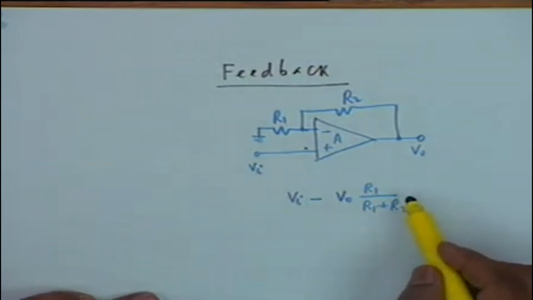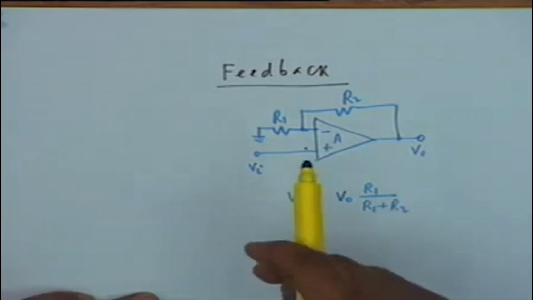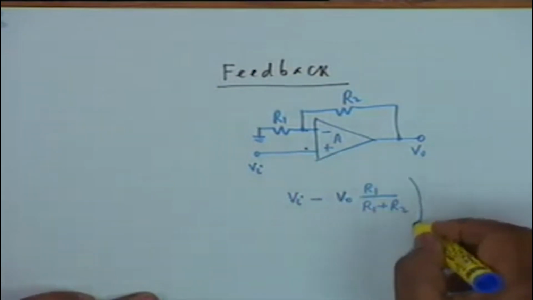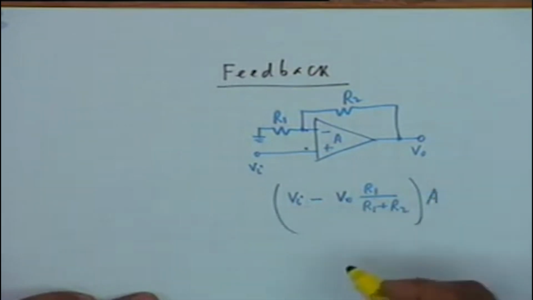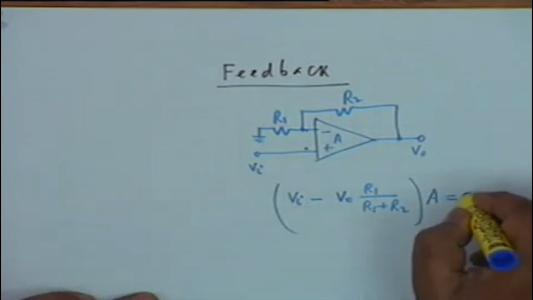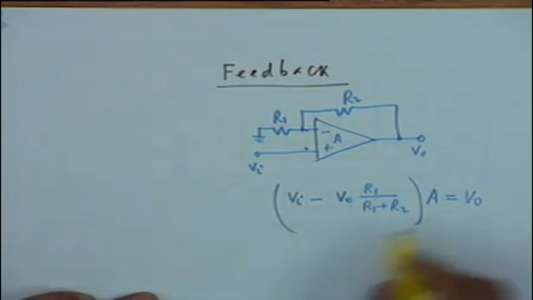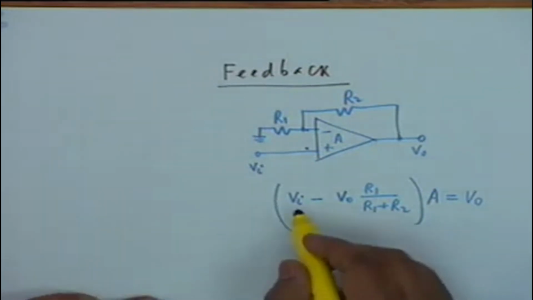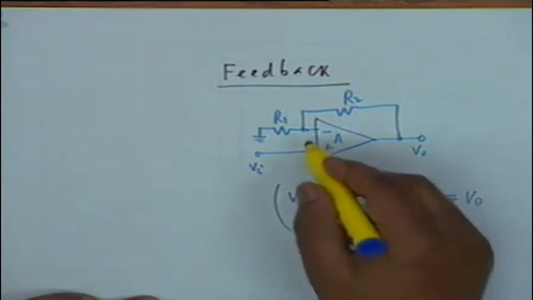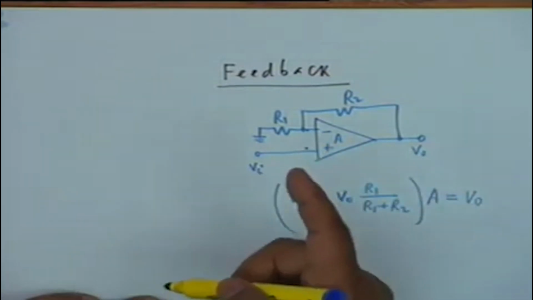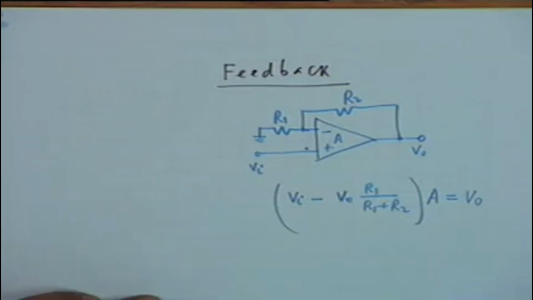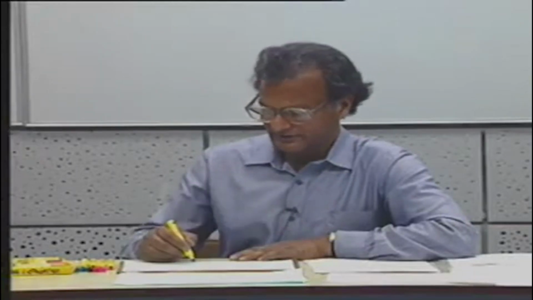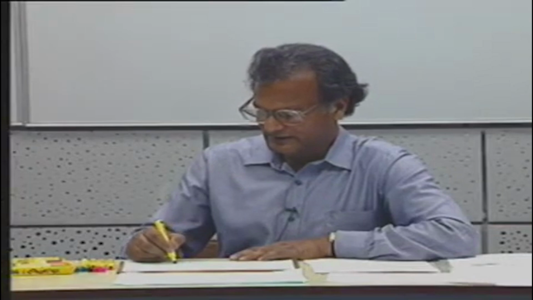A part of the output is being fed back to the input, and this multiplied by A is equal to V0. And the kind of feedback that exists here is negative feedback, because the actual voltage applied to the input of the op amp is less than what is actually applied. All right. If the input had increased, then we would have said positive feedback. So this is negative feedback.